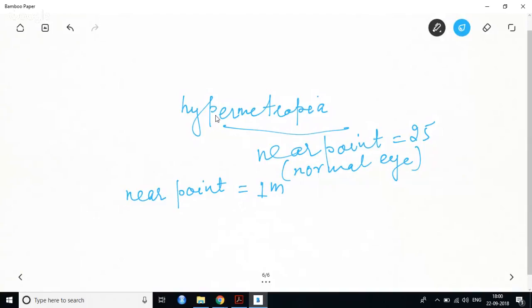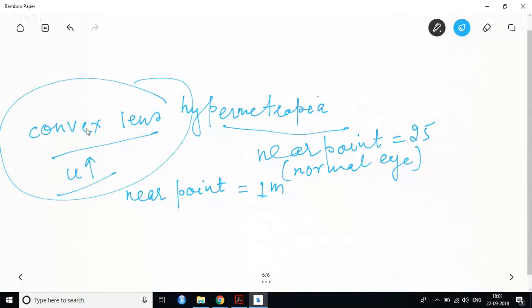As soon as you see that he is suffering from hypermetropia, you should tell the type of lens, which would be convex lens. Why convex lens would be needed? Because we need to increase the value of u. To increase the value of u, you need a convex lens there.